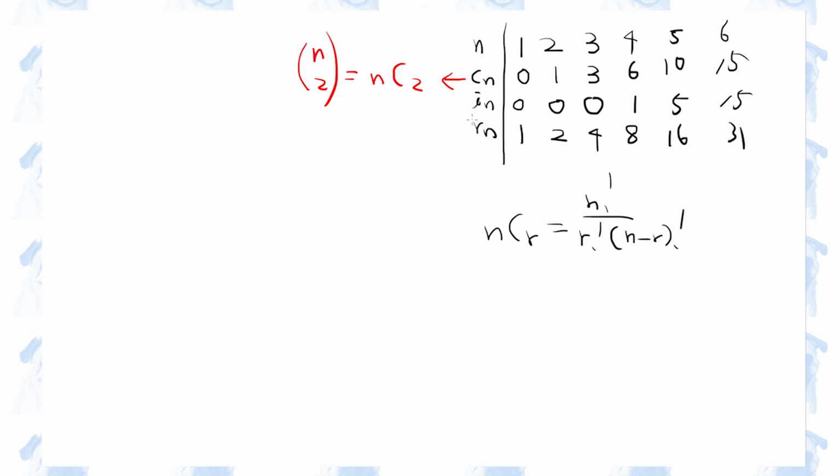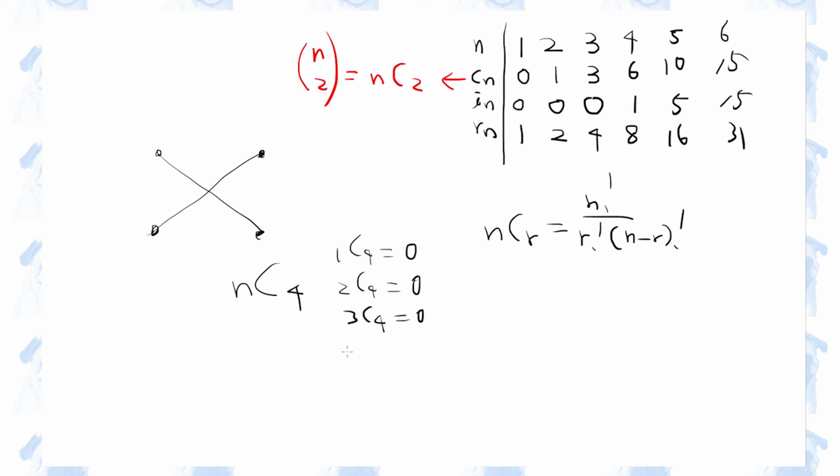And how about intersections? In order for an intersection to exist, there have to be at least 2 chords, meaning that there have to be at least 4 points. Therefore, we are doing n choose 4. 1 choose 4 is 0 because 1 is less than 4. 2 choose 4 is 0 because 2 is less than 4. 3 choose 4 is 0, and 4 choose 4 is 1.